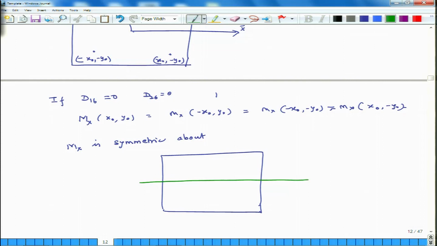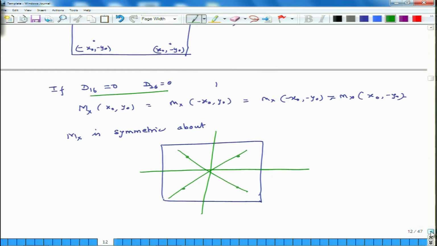This is one plane of symmetry, this is another plane of symmetry, so these are the two planes of symmetry. And this is another plane of symmetry, and this is another plane of symmetry. So if d16 and d26 are 0, whether the point is here or here or here or here, does not matter, the value of mx is going to be the same.